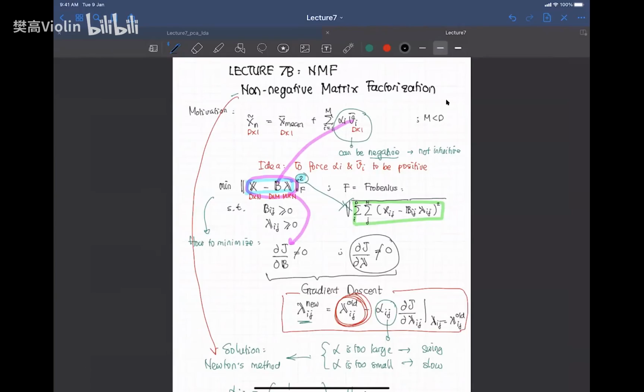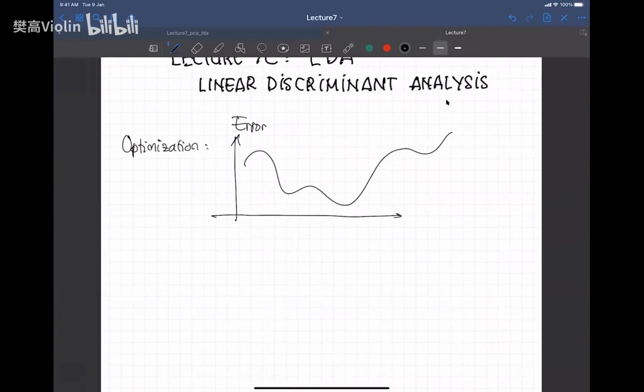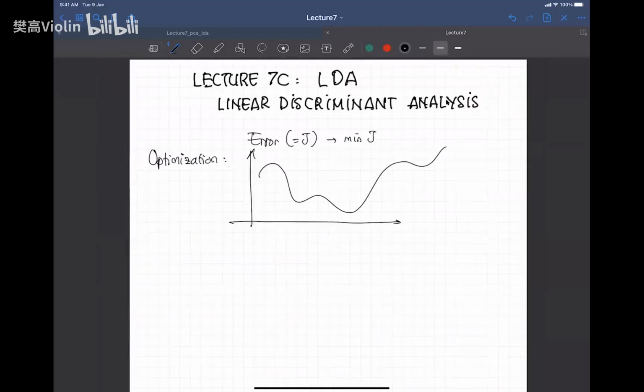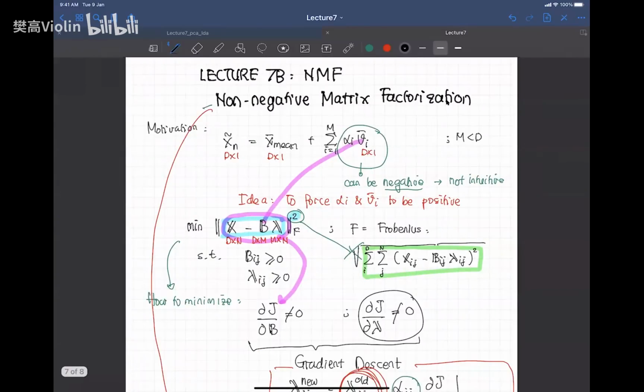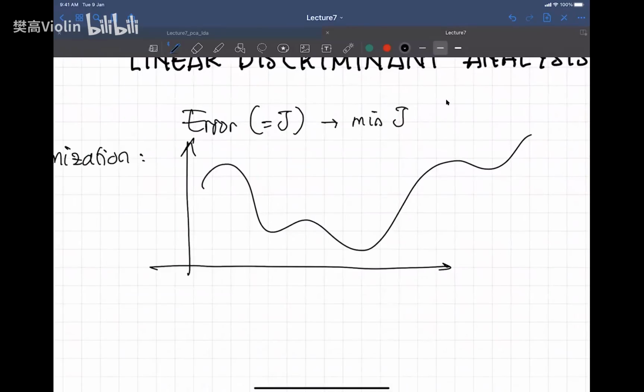We want to minimize J with respect to lambda ij.